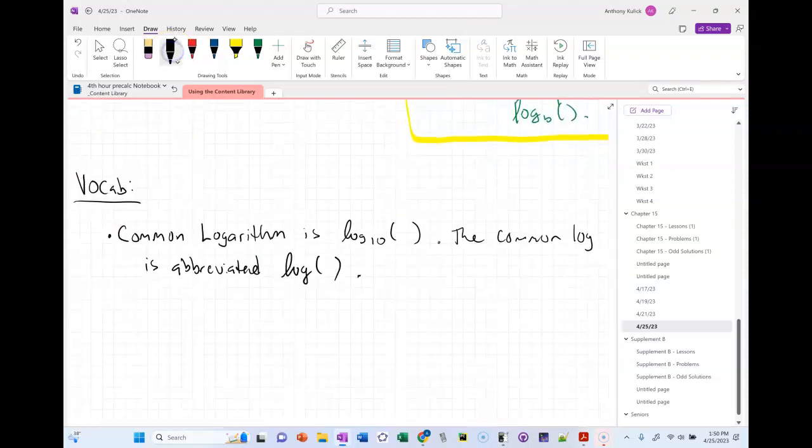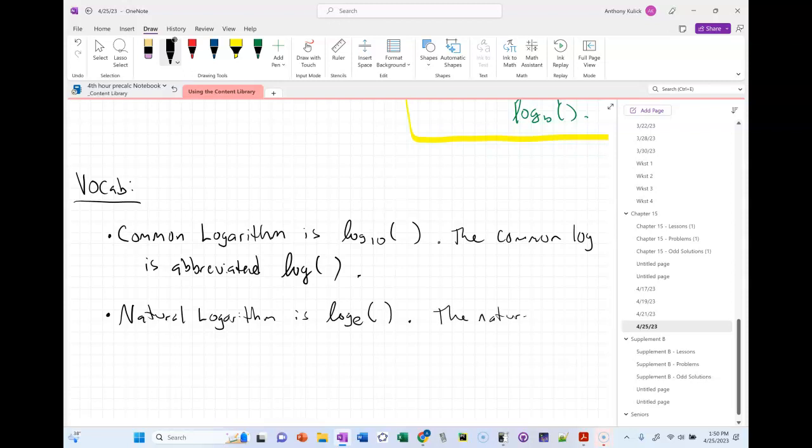The other piece of vocab we have is called the natural logarithm. And that's log base e. The natural log is abbreviated as ln.